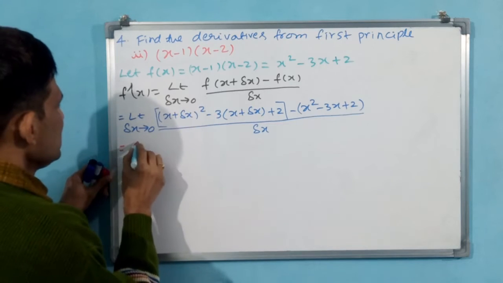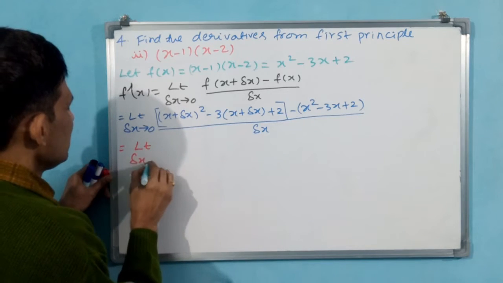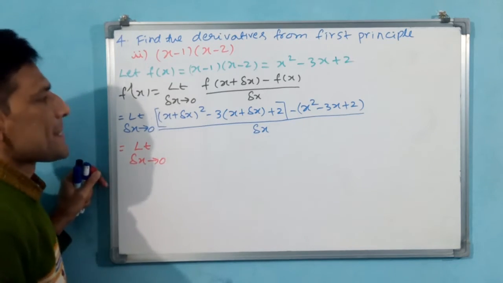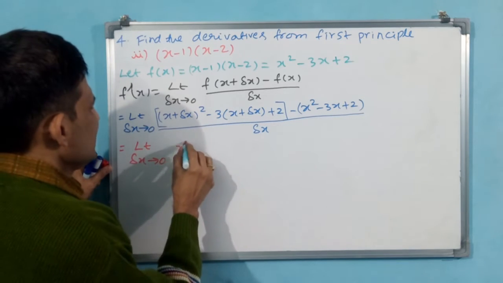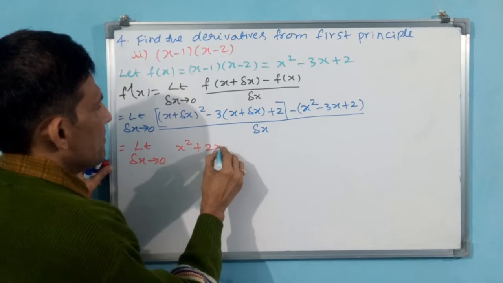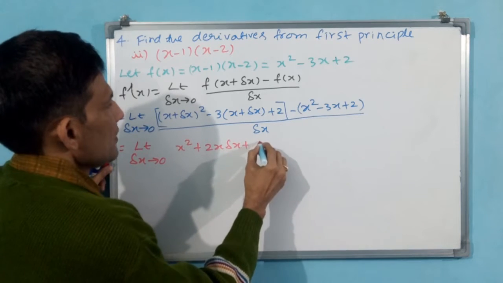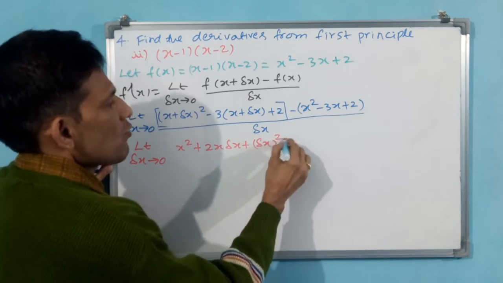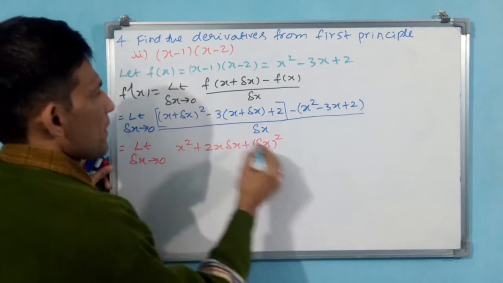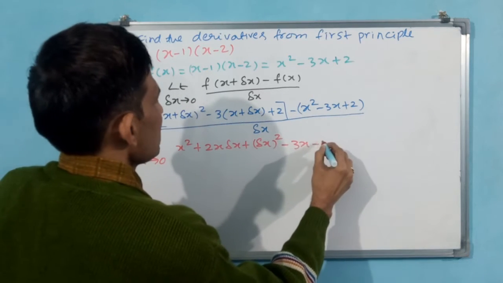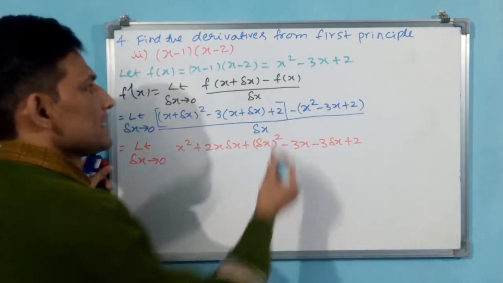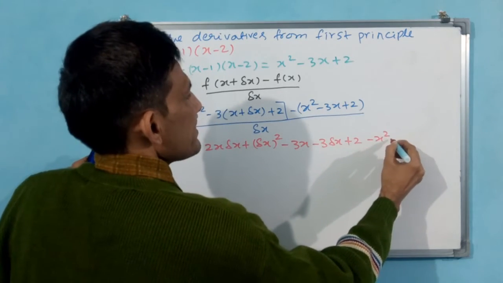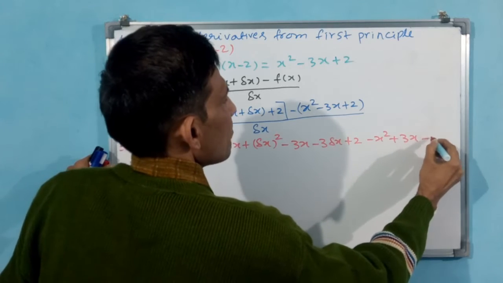That is equal to limit delta x tends to 0. Now you see a plus b whole square, like a square plus 2ab plus b square, minus 3x minus 3 delta x plus 2 minus x square plus 3x minus 2.